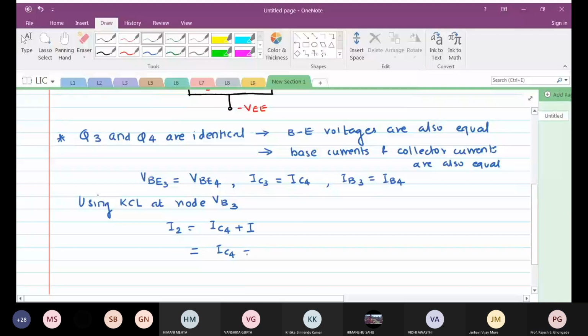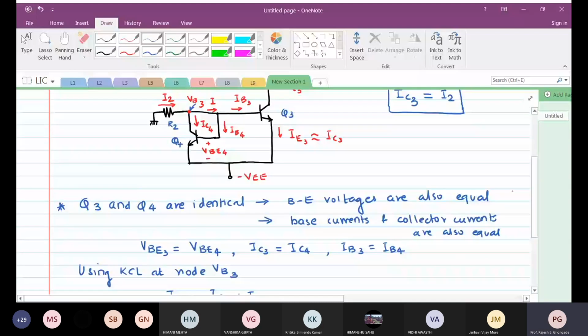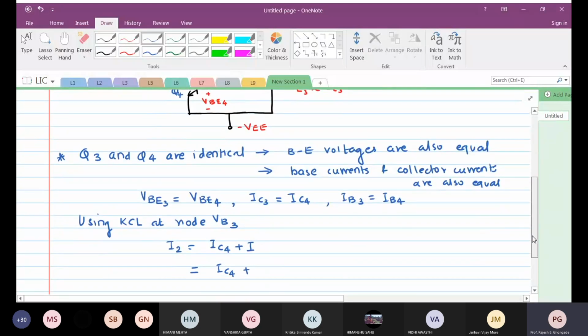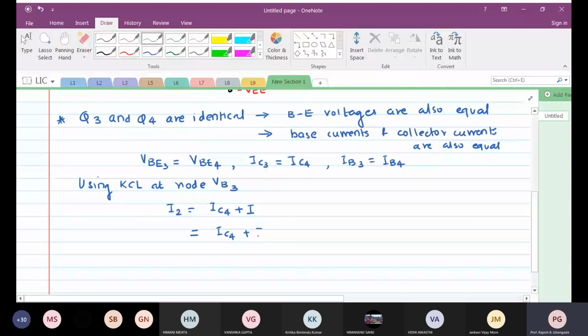Now what is I? Again, you can apply KCL over here and see that I is equal to IB4 plus IB3.